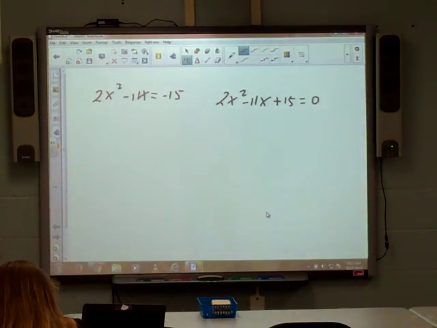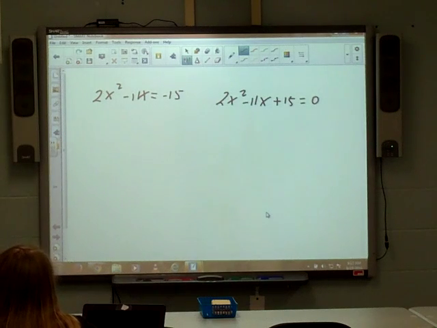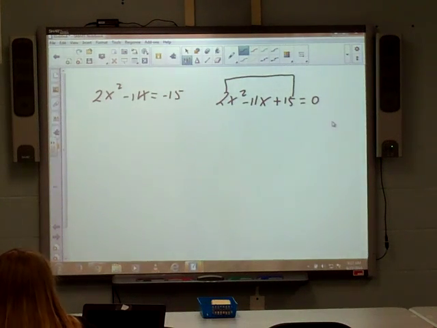No. So I'm stuck with a 2 there, which is bad news for factoring because it's a little bit harder. When your a is not 1, it's called factoring by grouping that we're fixing to have to do, and it takes a little bit longer. It's still easy, but it's not like one step like that last one was. Still start off the same way. You do your a times c, which this time it's 2 times 15. So our a times c is 30, right?